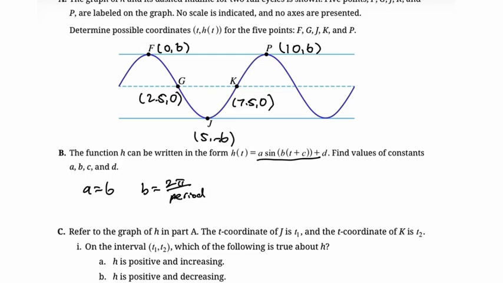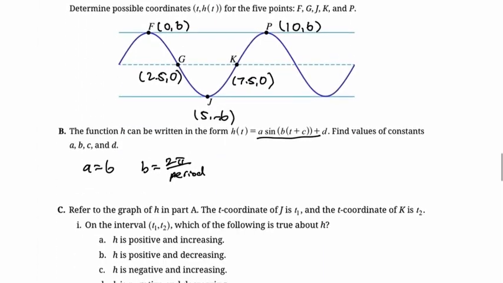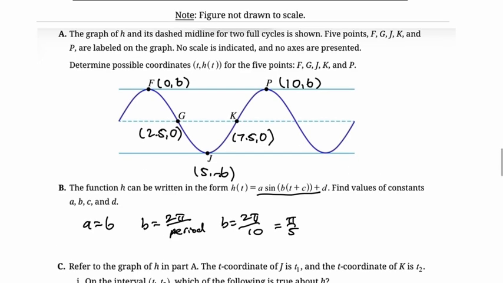The prompt tells us that the water wheel completes one revolution in 10 seconds, so the period is 10, and b equals 2 pi over 10, which equals pi over 5. And then d is the midline of the graph. We can see that the midline is y equals 0, so d equals 0.